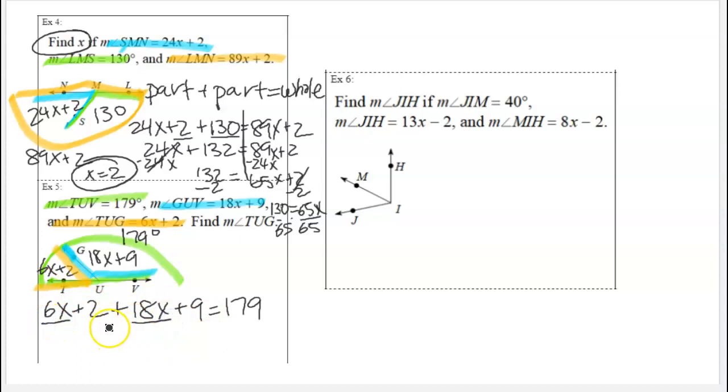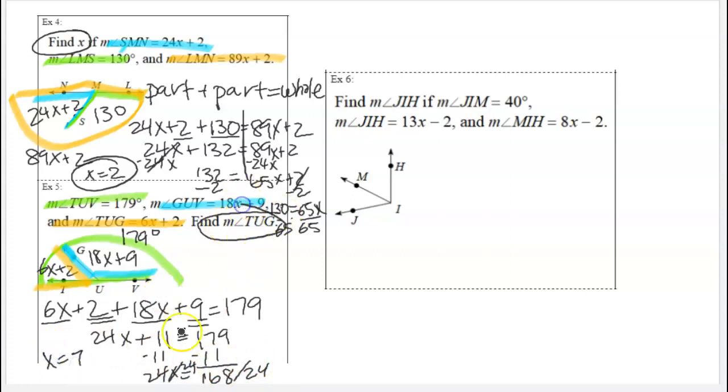Time to collect my like terms. And I get 24x plus 11. Now I will subtract 11, and I get 168 equals 24x. And my last step is to divide by 24 to both sides, squeeze that in there, and x equals 7.